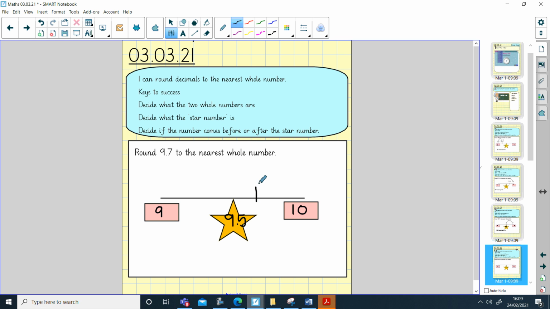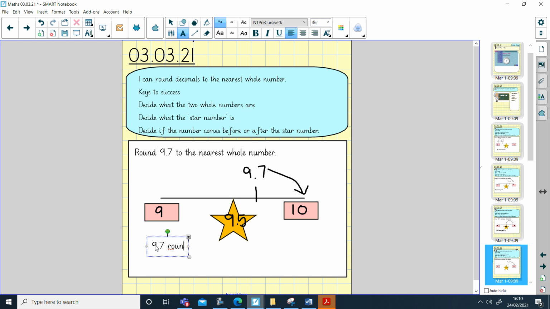It's going to come about here. So 9.7 is closer to 10. So 9.7 rounds up to 10. And I know that's true as well because it's got 7 tenths. And I know that if it's a 7 at the end, it rounds up.